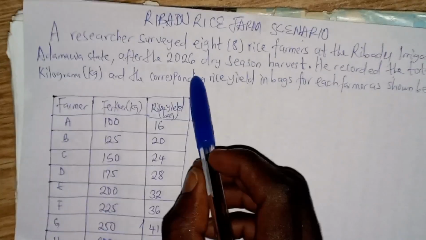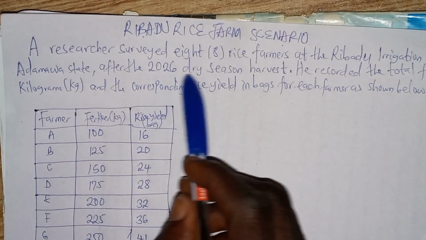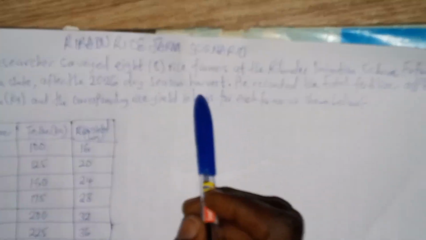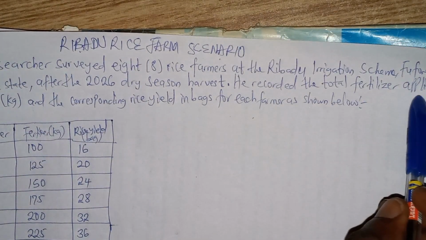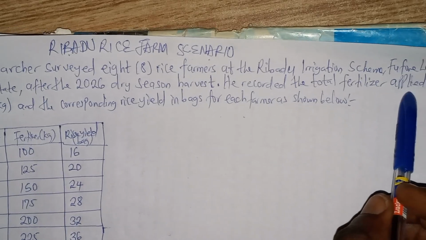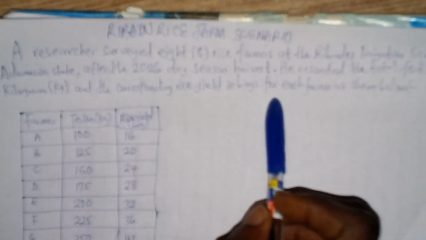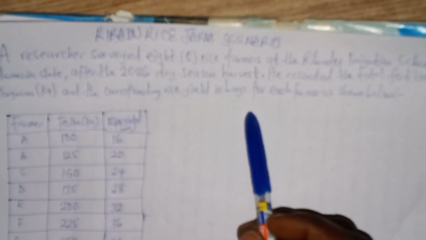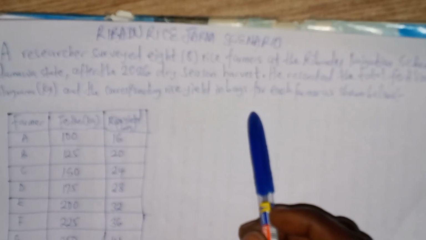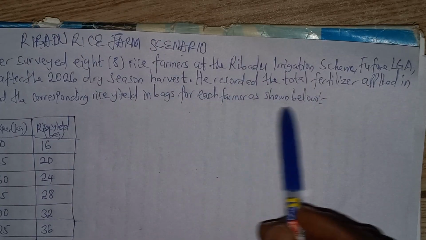After the just concluded 2026 dry season harvest, this researcher recorded the total fertilizer applied in kg, and the corresponding rice yield in bags for each farmer as shown below.